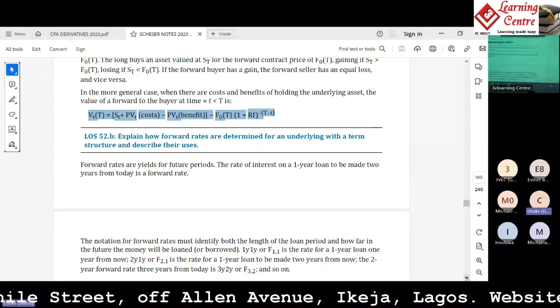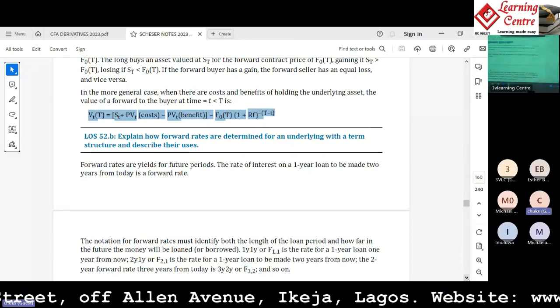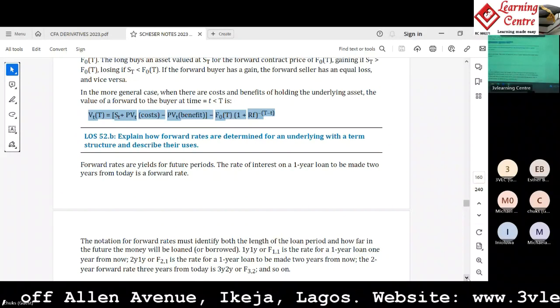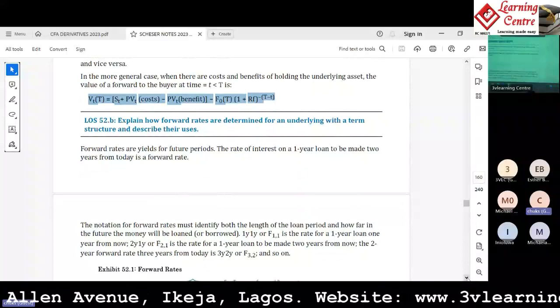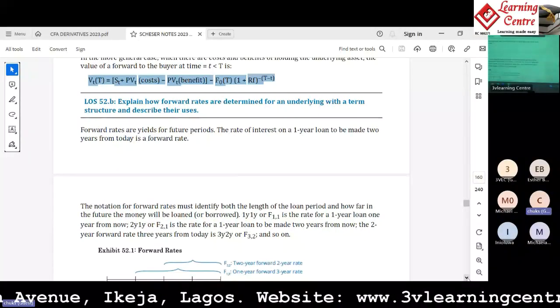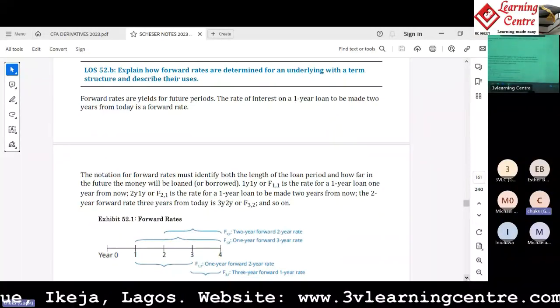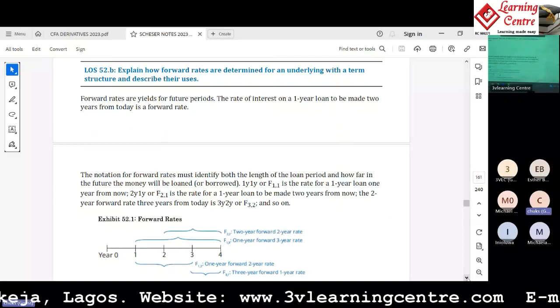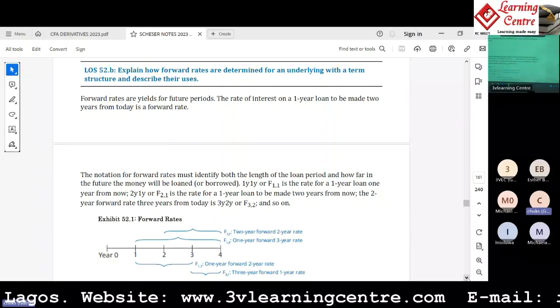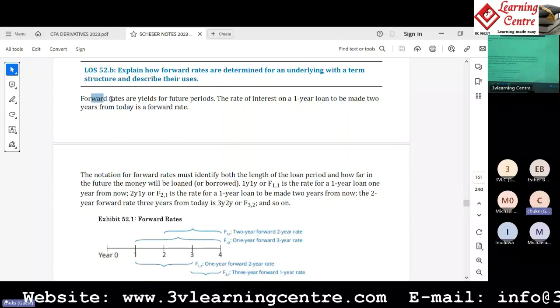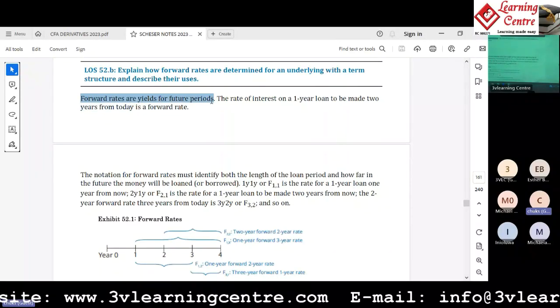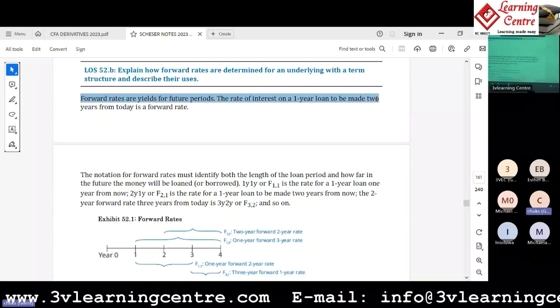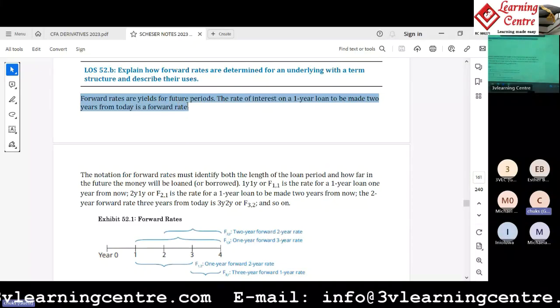The other thing that we need to now understand is the forward rate interpretation. This is 1 or 2 marks, but you need to understand what it means. Forward rates are yields for future periods. The rate of interest on a 1-year loan to be made 2 years from today is a forward rate.